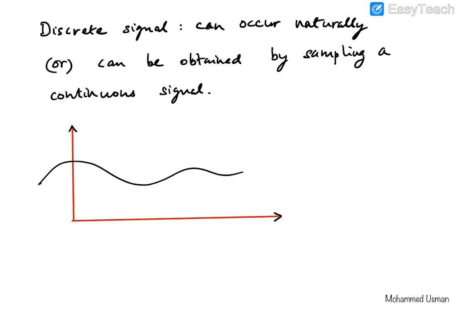But if we sample this continuous signal at specific instances, say we sample at this instant, at this instant, at this instant, and so on. So at these instants of time, we are going to sample the signal and find out the value of the signal at that instant of time. So it has this value. The next value is here, and the next value is here, and so on.